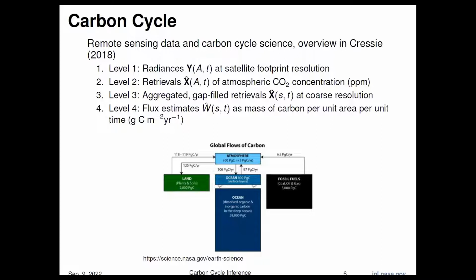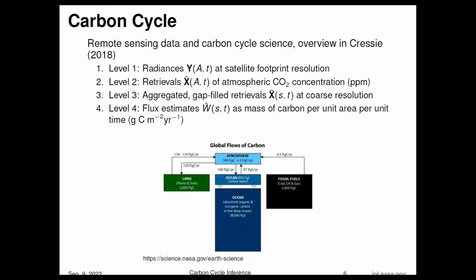And then the atmosphere is also a big reservoir for carbon. The land is as well, and then they've separated out fossil fuel storage as well. And then the various arrows are basically some estimated exchange rates for carbon among these reservoirs.